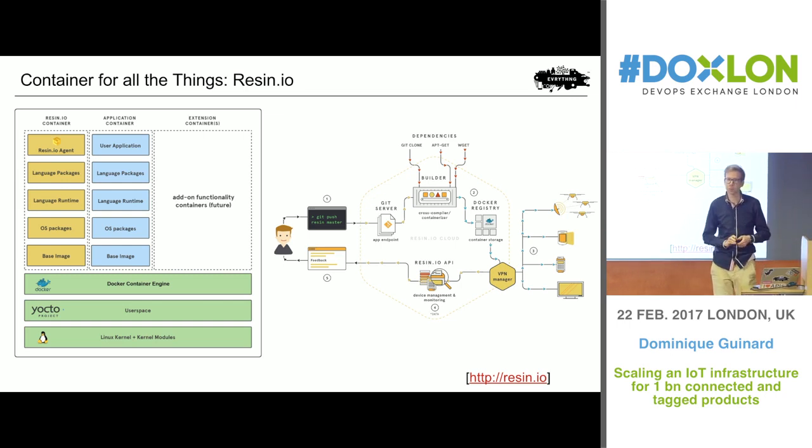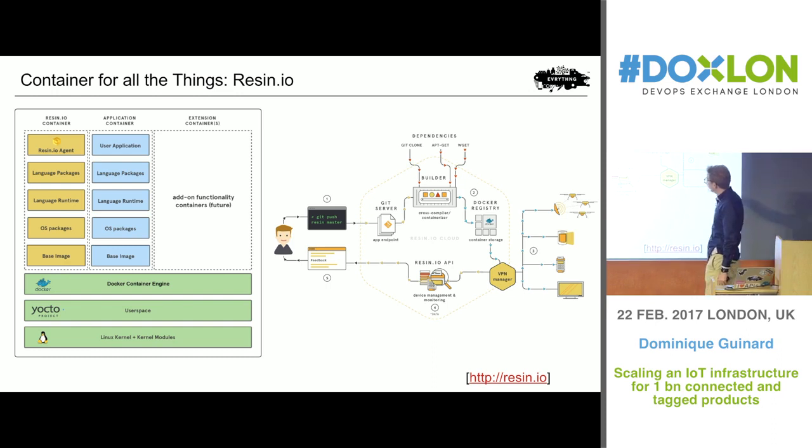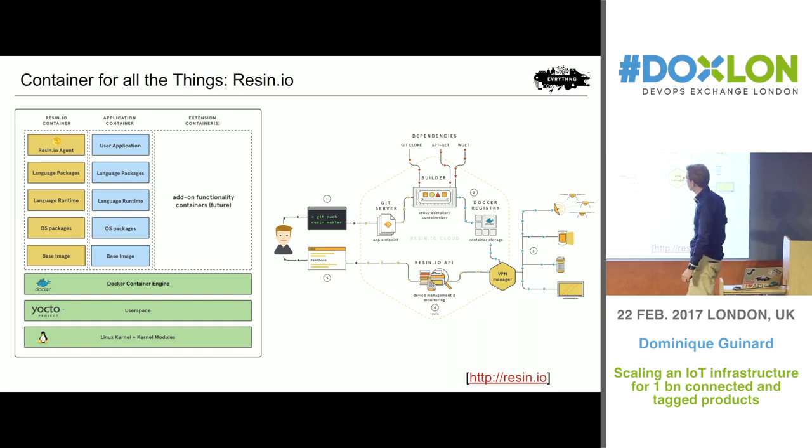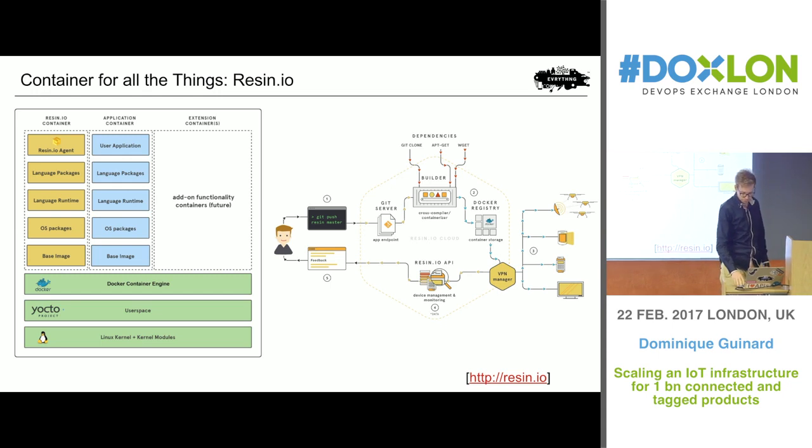And that's actually beautiful, right? You can now push your code via containers to a lot of different devices out there. The way they do this is they maintain a VPN connection to the devices, and they push the diffs of the containers to the devices on a regular basis.